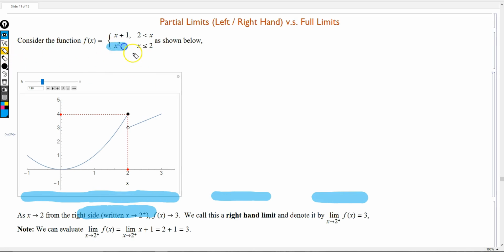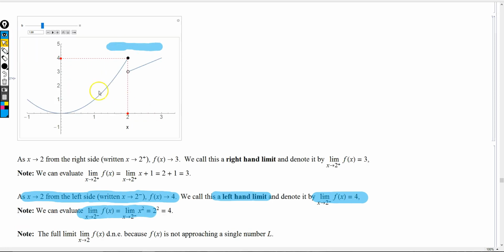Notice how the function is supposed to be x squared when x is less than 2. So we can just substitute the x squared in for the f. Then we're just evaluating a limit as x is getting closer and closer to 2 from the left of x squared. Well, we can just put that 2 in for x, and we get 4.